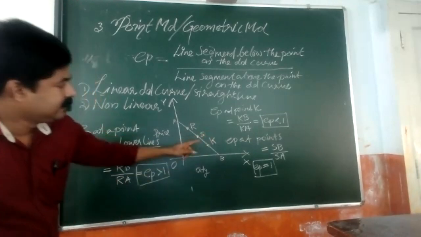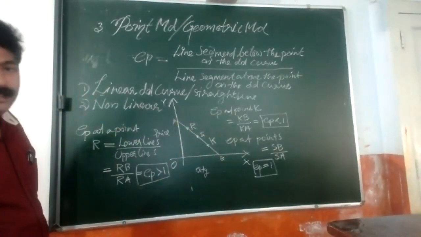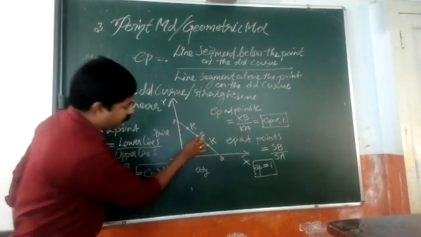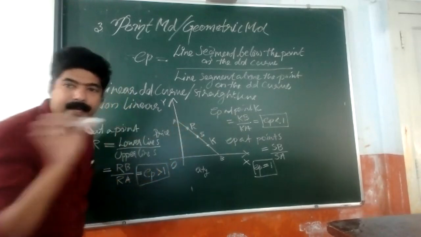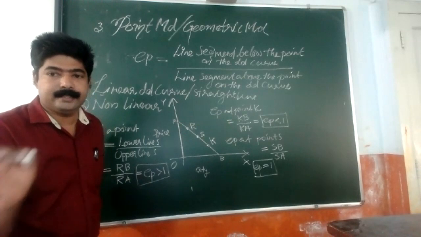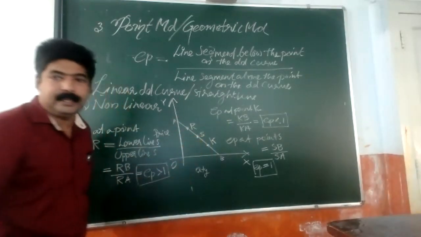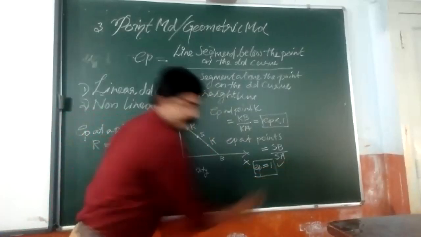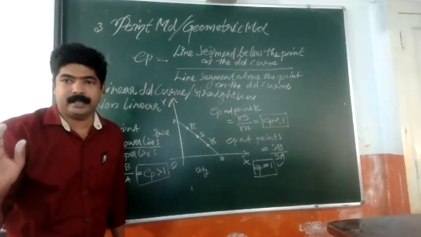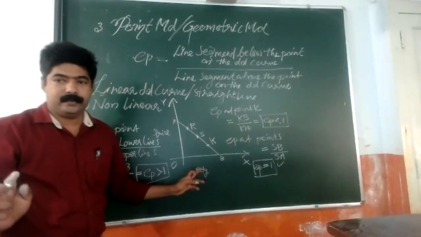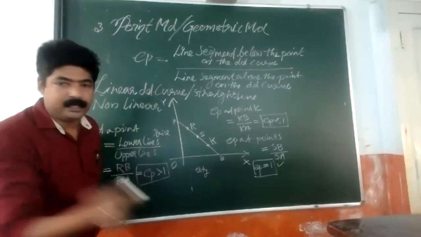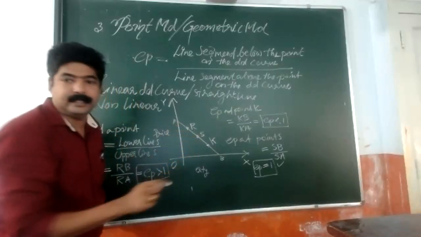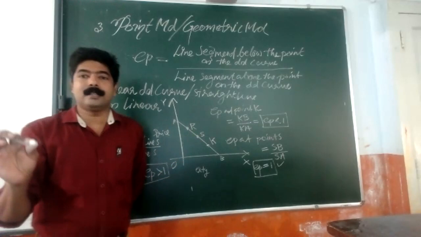Now in these cases, why have we found these three easily? Keep in mind that if a particular point is the center of the demand curve, then that point's elasticity will be equal to 1. In an easy method, if a particular point on a straight line demand curve is at the center, then the price elasticity will be equal to 1.